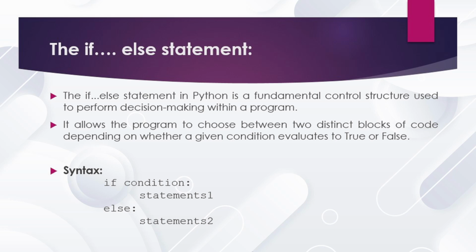However, if the condition is false, the program skips the if block and instead executes the group of statements under the else clause, which is statements 2. This structure ensures that one of the two blocks will always be executed, but never both. As in the case of if statement, here also proper indentation is required to define both the blocks under if and else.